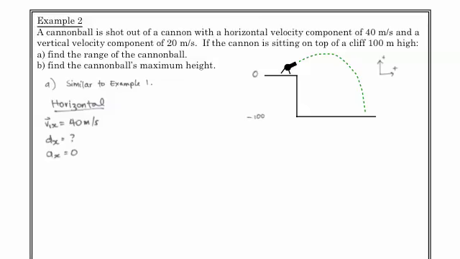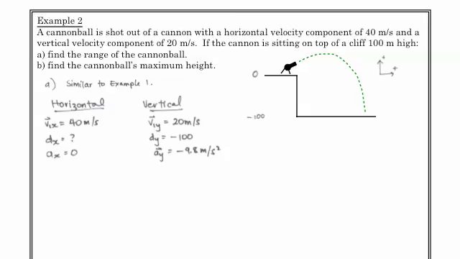Okay? Here's what we know in the vertical direction. And you'll notice that the only difference here is this v1y is now not equal to 0 because the cannon wasn't launched horizontally. It was launched horizontally and vertically. So we have this 20 meters per second. Everything else is almost exactly the same.